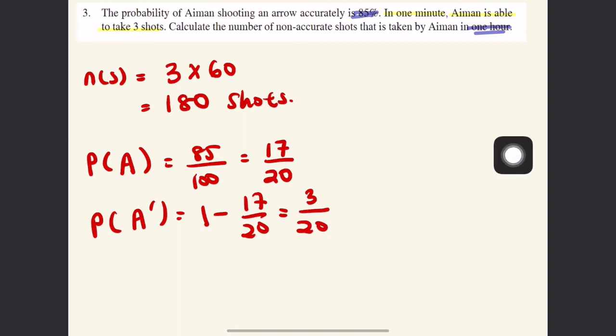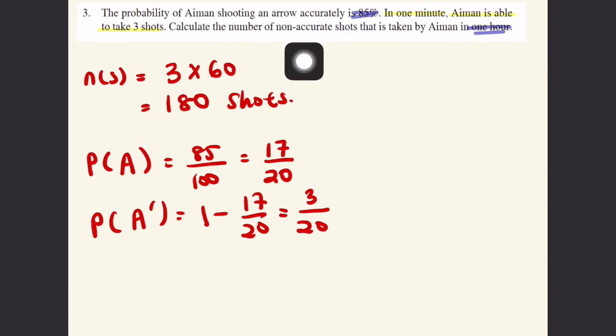Why 1 minus? Because we know that for probability, the highest value is 1. So we take 1 minus 17 over 20 and get 3 over 20. This is the probability for the non-accurate shots. But the question wants us to find the number.